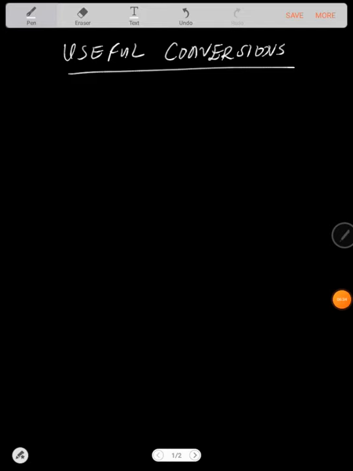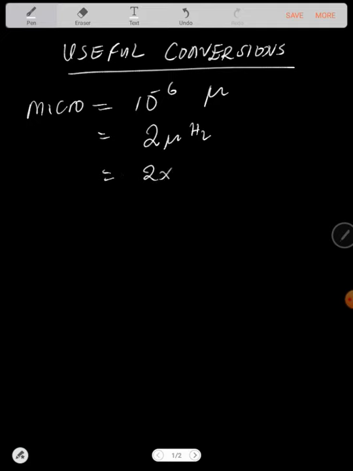Let's look at some useful conventions that you can find in terms of waves or anywhere in physics. Micro. Micro means 10 to the power negative 6. The symbol is this. So if I have 2 micro hertz, I mean 2 times 10 to the power negative 6 hertz.